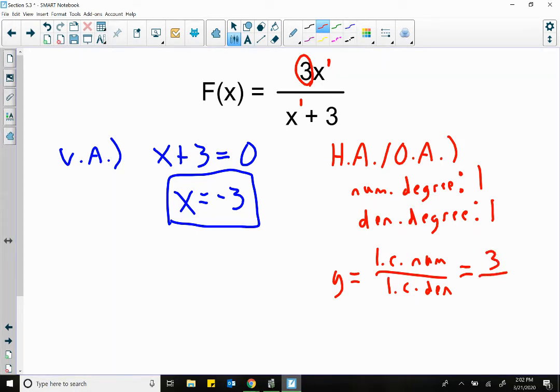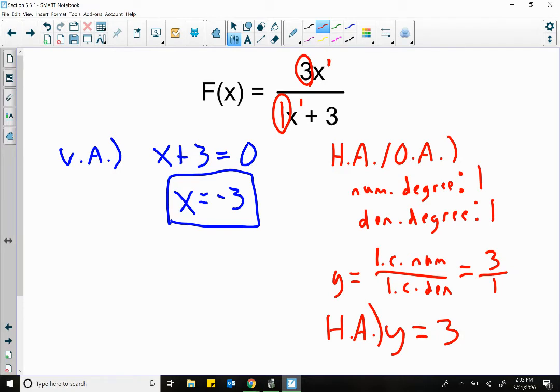What's the leading coefficient of the denominator? What's the number in front of the x? That's 1. So 3 divided by 1, y equals 3. And it is a horizontal asymptote. You wouldn't have an oblique on this one because you only have one or the other.